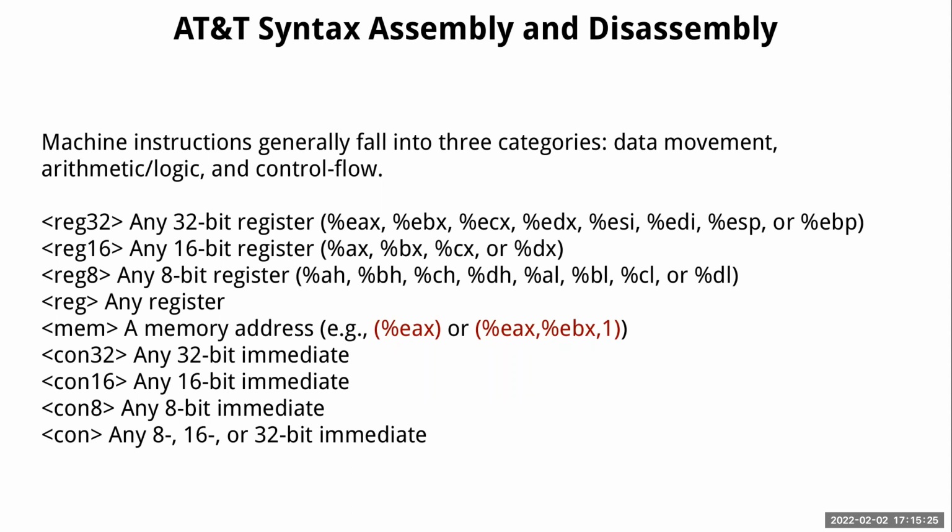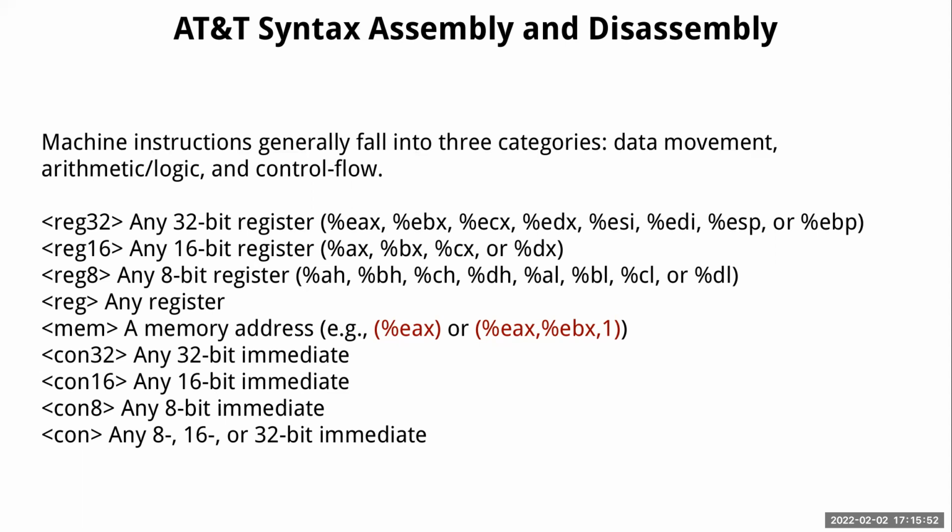There are two types of assembly syntax for this architecture. One is the AT&T syntax. Another one is the Intel syntax. They are equivalent. We will mainly use AT&T syntax in our class. So all my slides, I'm using AT&T syntax. In the homework, we're also using this syntax.